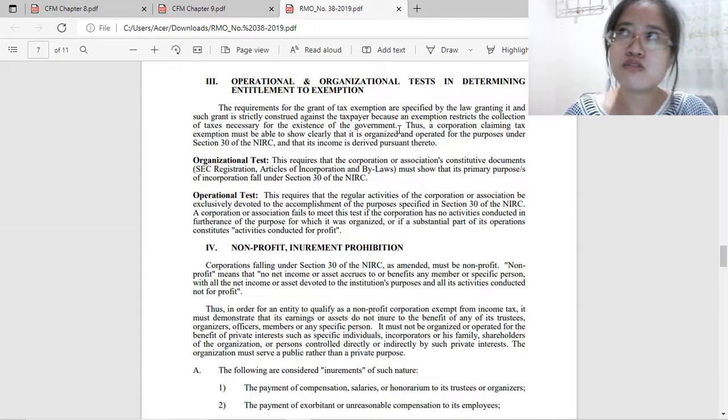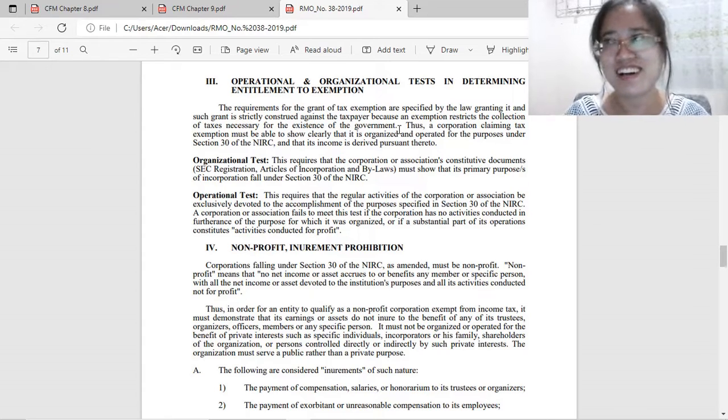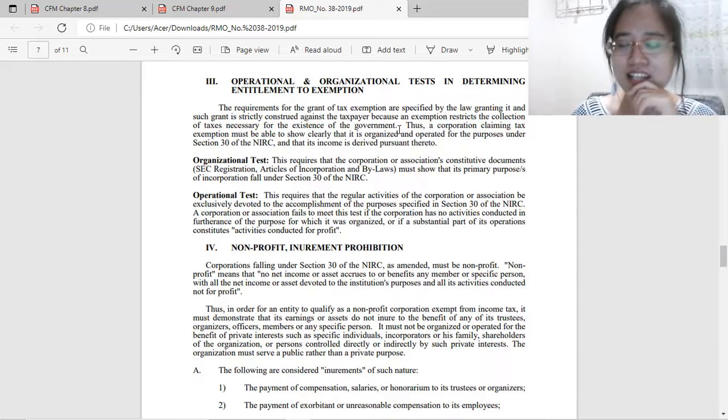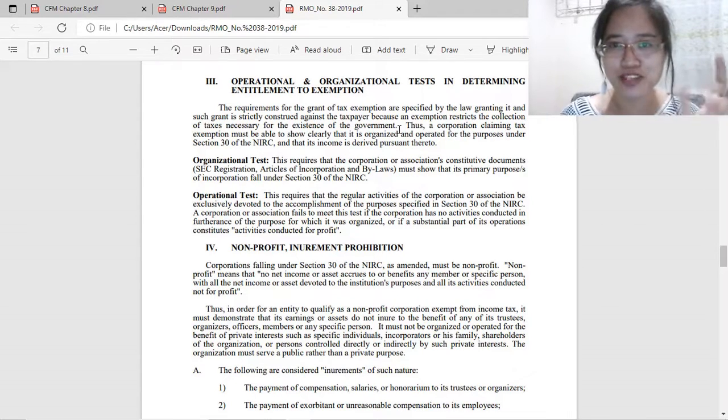So it falls on the management of the church or the Bible school to prove that they are exempted, and that they comply with the requirements for the tax exemption.